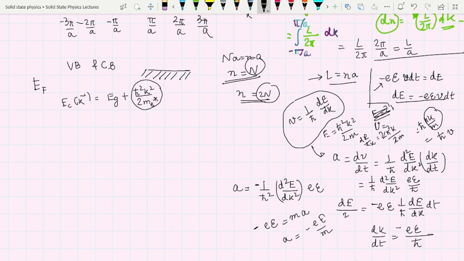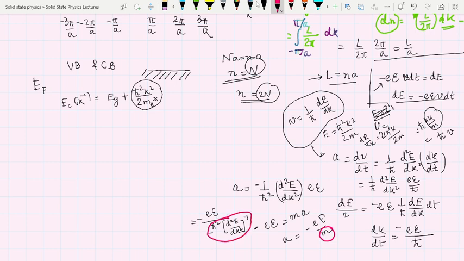Here also the mass is minus e by ħ square divided by d²E/dk² inverse. So from the analogy, this is equivalent to this term.